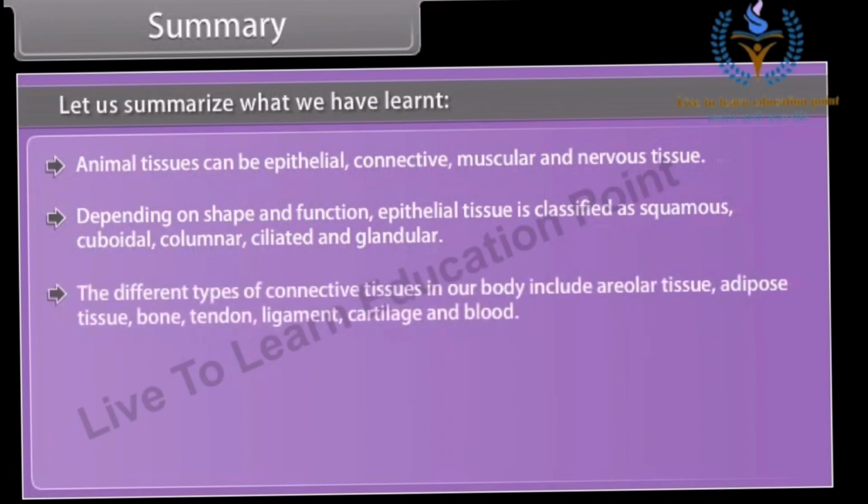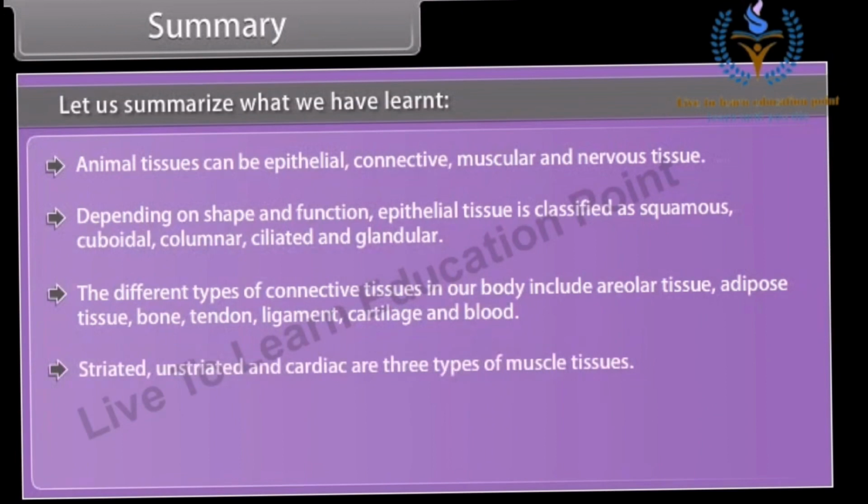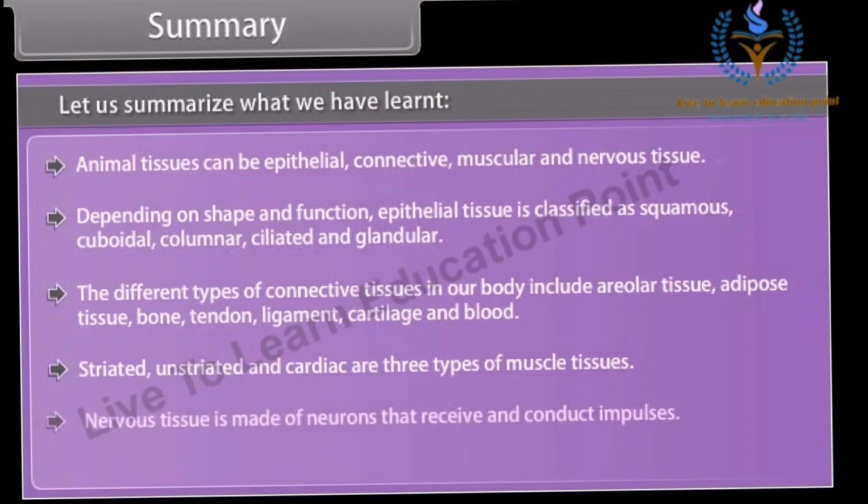The different types of connective tissues in our body include areolar tissue, adipose tissue, bone, tendon, ligament, cartilage, and blood. Striated, unstriated, and cardiac are three types of muscle tissues. Nervous tissue is made of neurons that receive and conduct impulses.